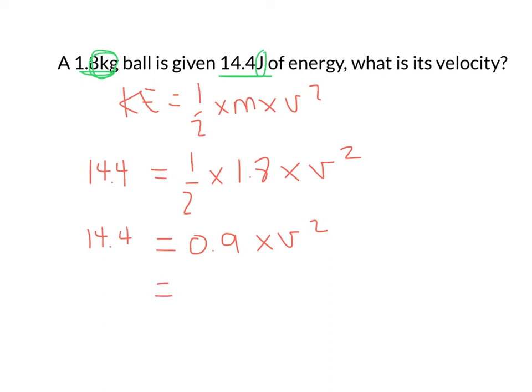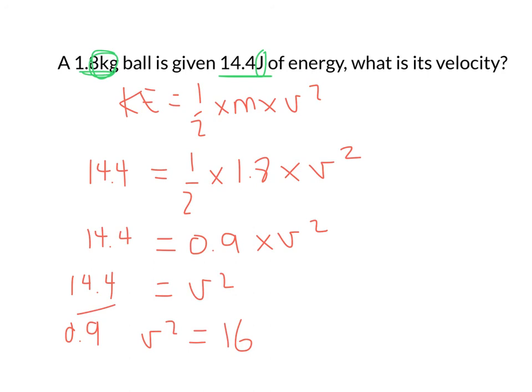Now I need to have this all on its own, so now I'm going to do the rearranging by dividing both sides by the 0.9. So I'm going to have 14.4 divided by 0.9 is equal to my velocity squared. So the velocity squared is going to be equal to 16.